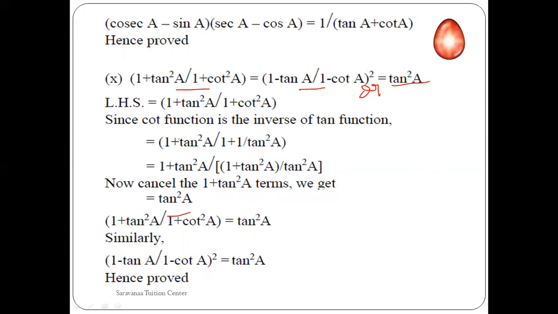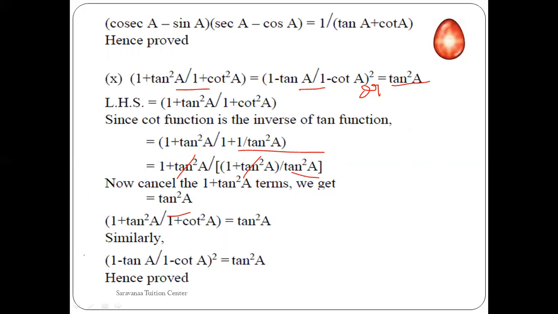Take LHS, (1 + tan²A) by (1 + cot²A). Now, cot²A is the reciprocal of tan²A, so they are taking it as 1 by tan²A. (1 + tan²A) by (1 + tan²A) by (1 into tan²A). Now cancel the (1 + tan²A) terms. We get tan²A. The (1 + tan²A) in the numerator and denominator gets cancelled and this tan²A remains.